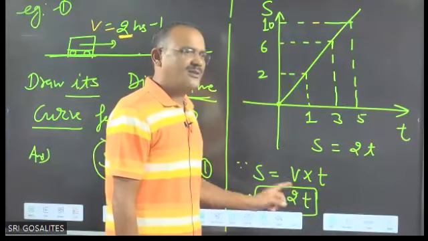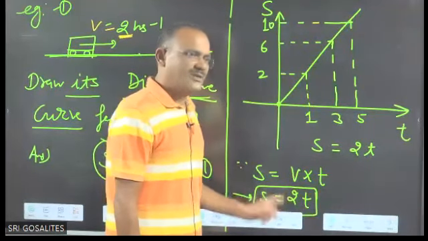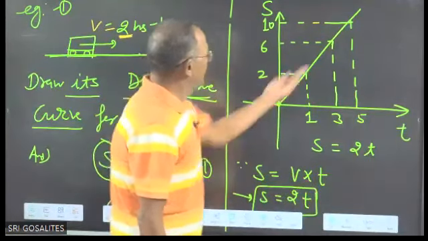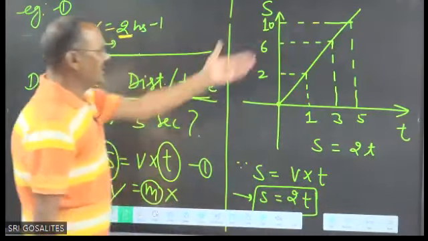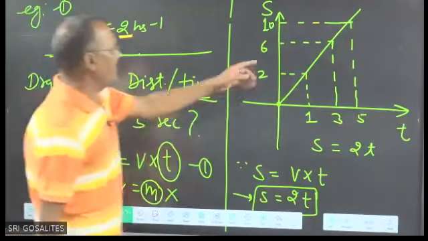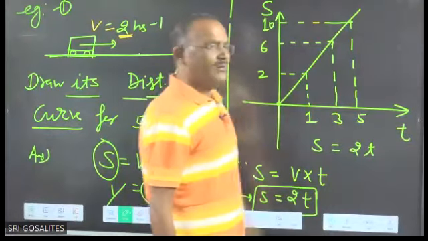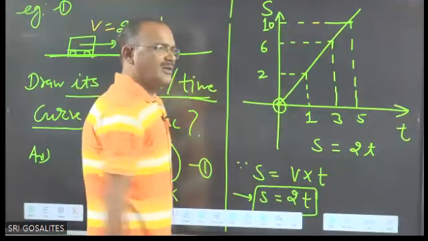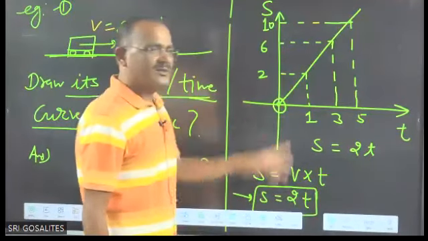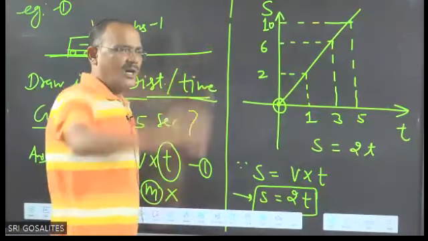In 4 seconds, 8. In 5 seconds, 10. Understand? So the curve is this. We have drawn the curve, no? s equals vt is similar to y equals mx. So it's a straight line which will pass through the origin. Why? When t is 0, s is also 0. Is that clear to you all?